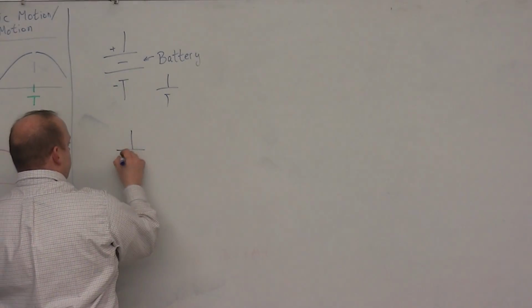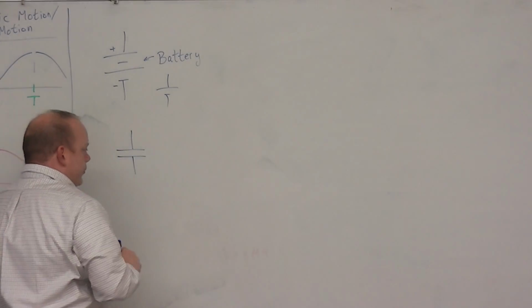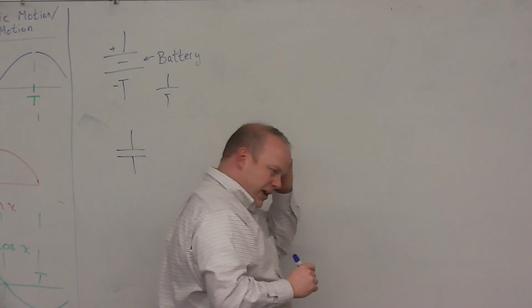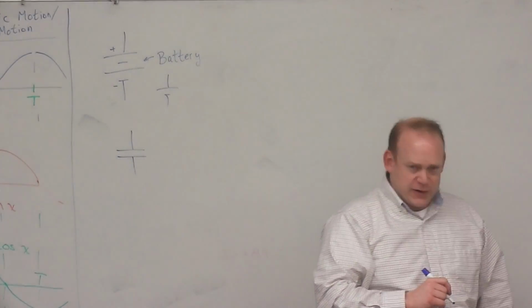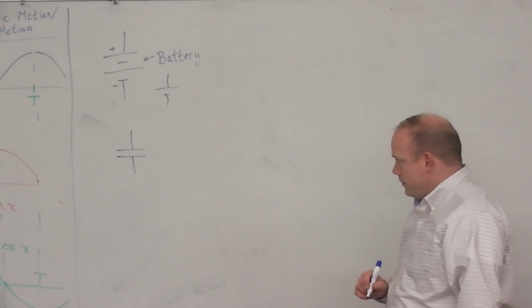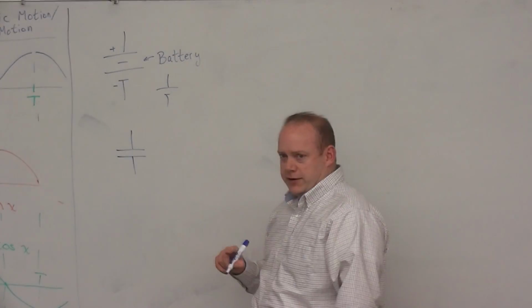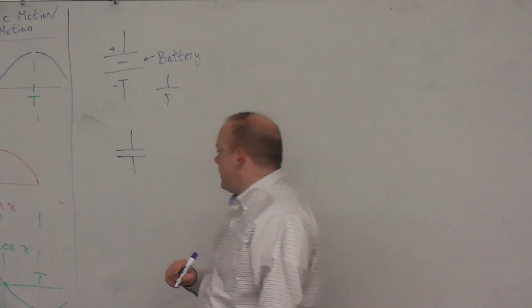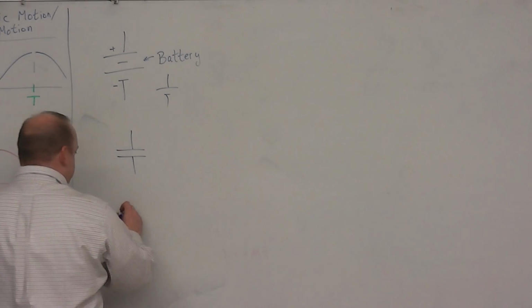A capacitor we symbolize with two plates. That's the simplest form of a capacitor, where it's just the two plates with the gap that exists between them.